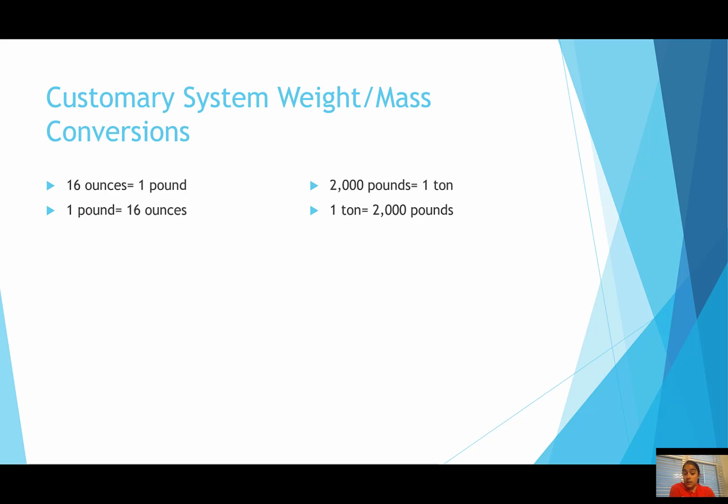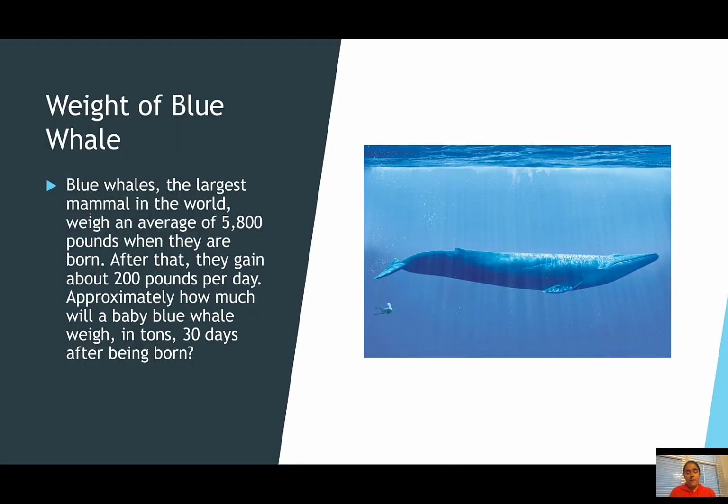That is because ounces are much smaller than pounds, so it takes 16 of them to equal 1 pound. 2,000 pounds equals 1 ton, or 1 ton equals 2,000 pounds. So when we talk about tons being super large for super heavy things, we can now understand that 1 ton equals 2,000 pounds.